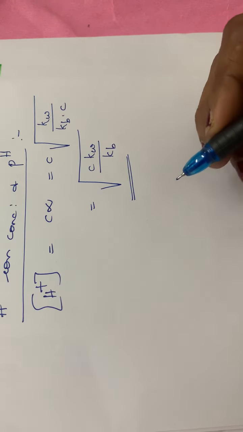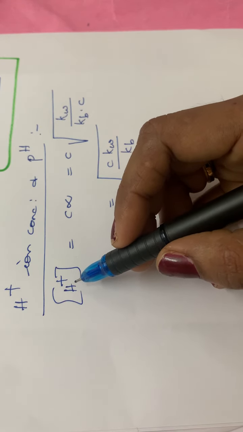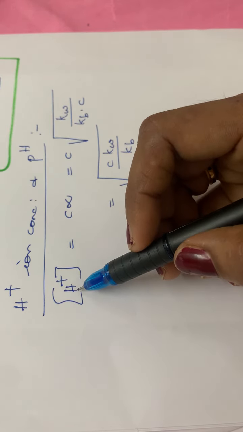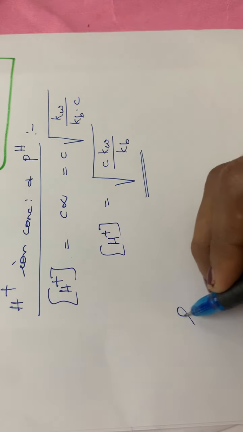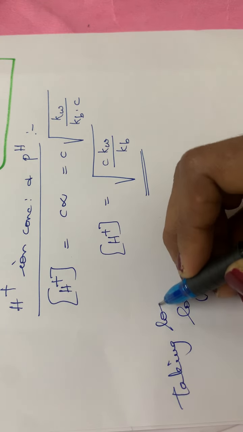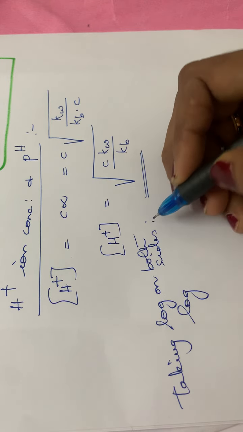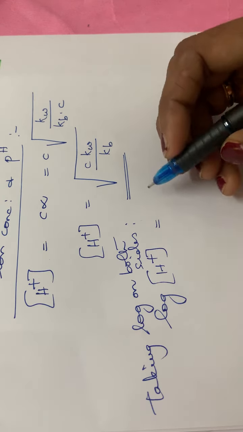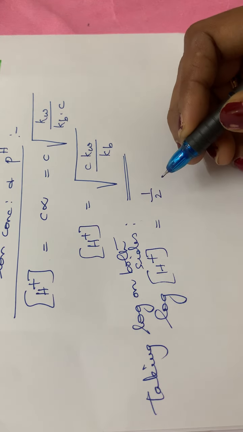Concentration of H plus. Then again, what about pH? pH we can write as minus log H plus, isn't it? So for converting to that form, we have to take the logarithm. Taking logarithms on both sides, log H plus is equal to, this square root means we can write it as half, isn't it?